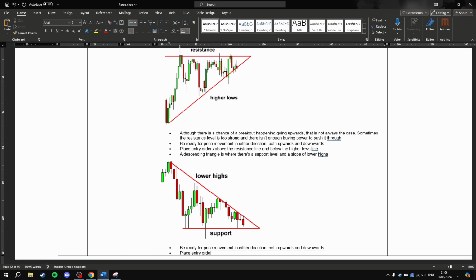Place entry orders above the lower highs line and below the support line.